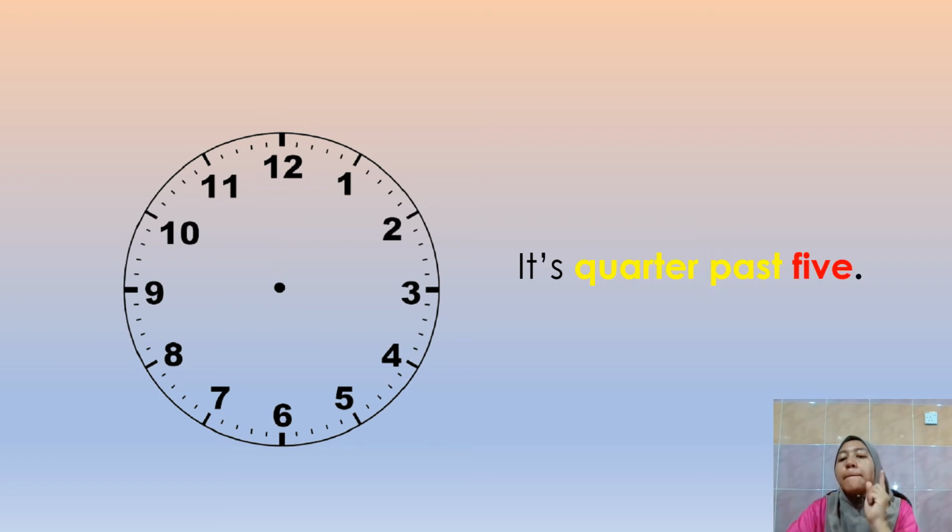It's 5:15. Kalau past tadi means lepas. Kalau yang ni kita akan gunakan pen kuning. Okay, 5. Quarter past. Quarter past bermaksud tadi dah lepas. Maksudnya tiada penolakan lah. So kat sini quarter past 5. Kalau quarter bermaksud apa tadi? 15.